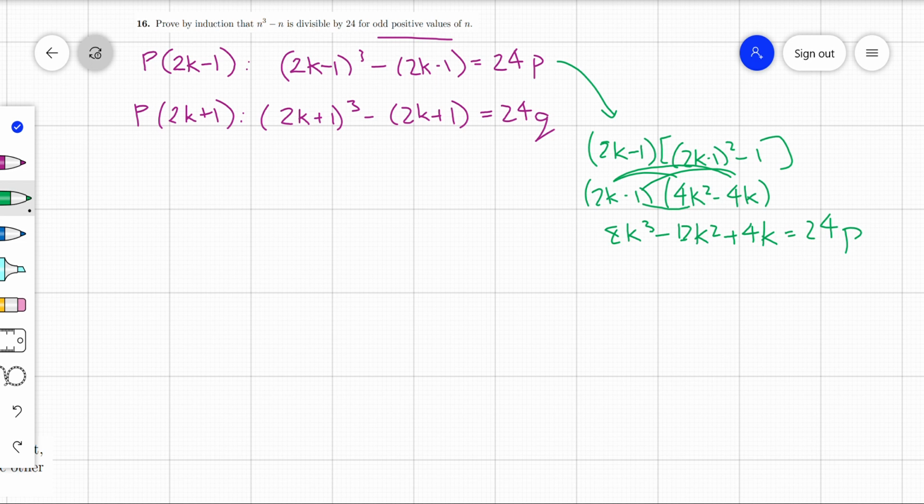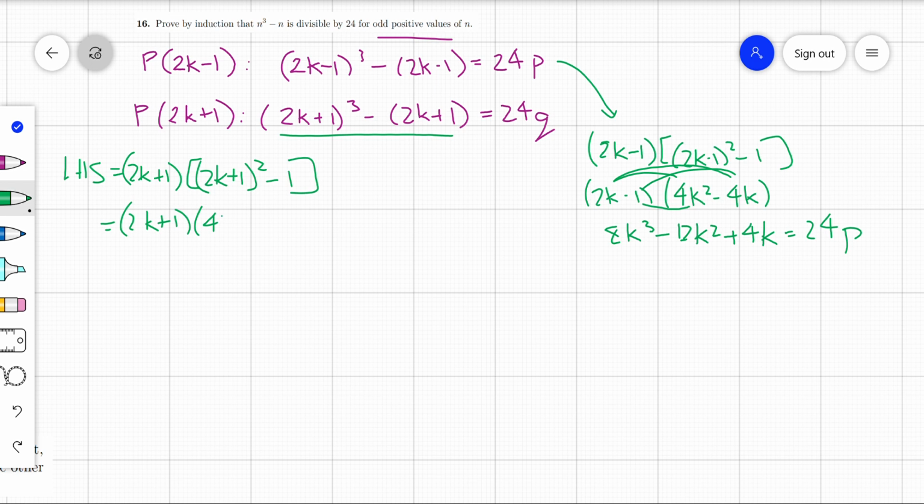Just having that handy, when we look at the left-hand side of this case, an expansion would be required here, so I'll do a squared expansion. I've got a 2k plus 1 here, a 4k squared, a 4k, and a plus 1 minus 1.